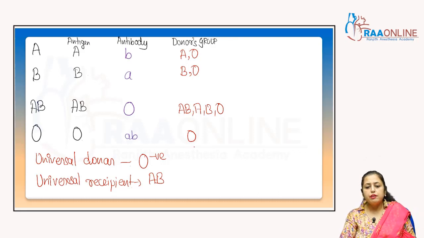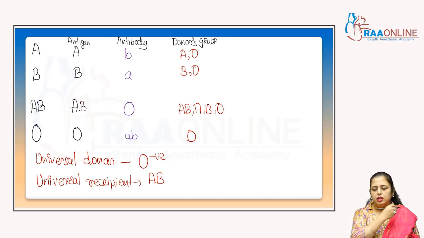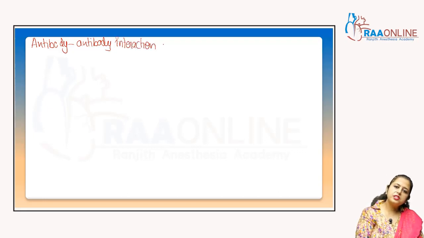Now what will happen if by mistake a blood transfusion occurs and they give the A blood group to B? Due to antigen-antibody interaction, RBCs clump.